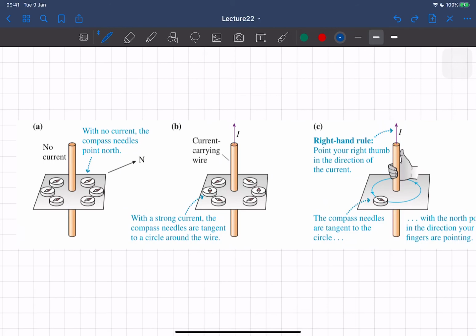And you put many tiny compasses on the piece of paper, and the role of the compasses is to measure the magnetic field. Once you start passing current through the wire, the compasses will stop pointing north, but they're going to point like this in a circle.